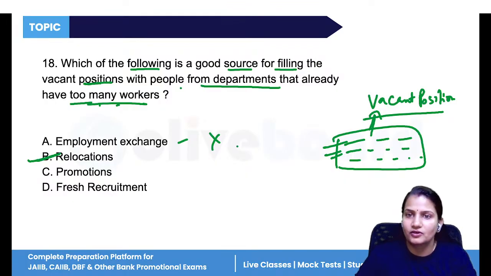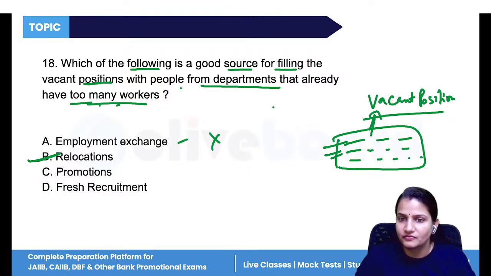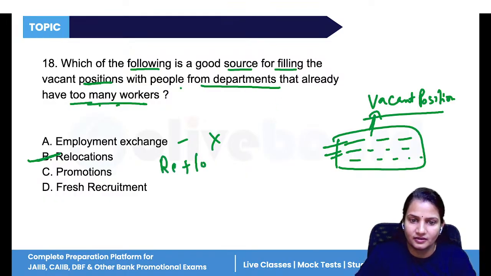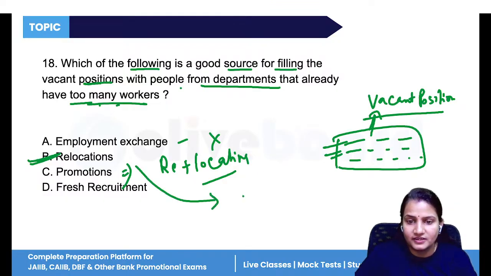You are already doing your work in the previous position. Now you have to perform the job of that vacant position. So that is known as re plus locating, relocation. Promotion is what? There's a difference between transfer and promotion.